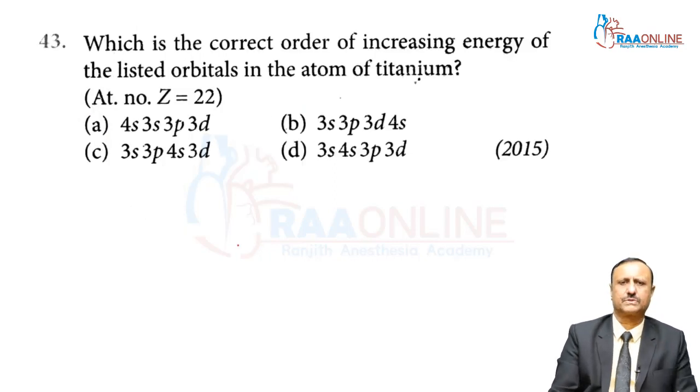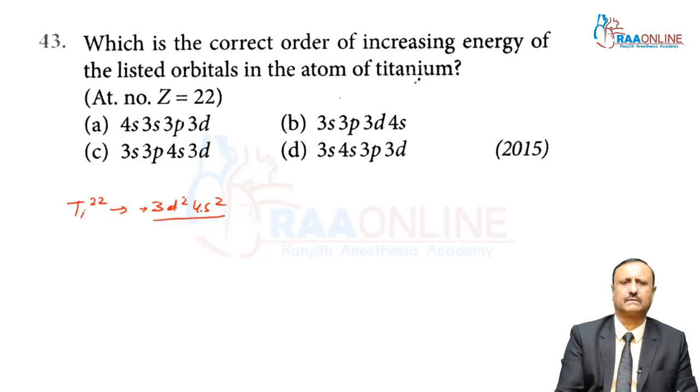Now, question number 43: what is the correct order of increasing energy of the listed orbitals in the atom of titanium? The atomic number of titanium is 22, so 3d2 and 4s2 are present, and 4p is empty.